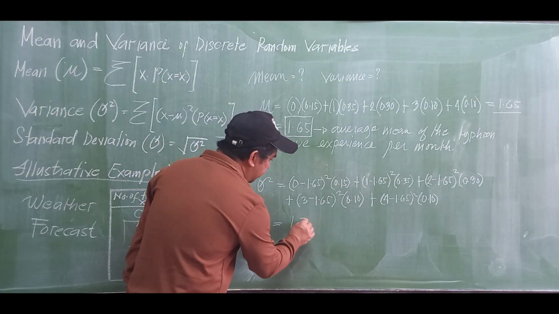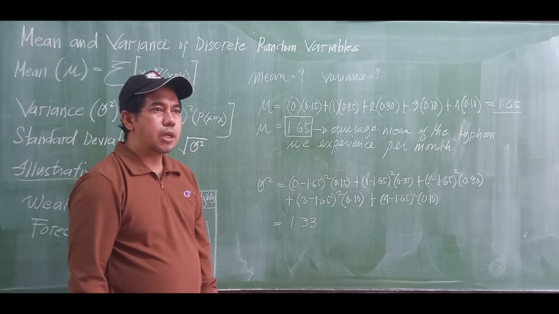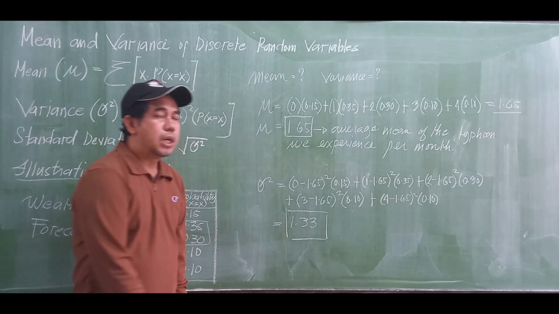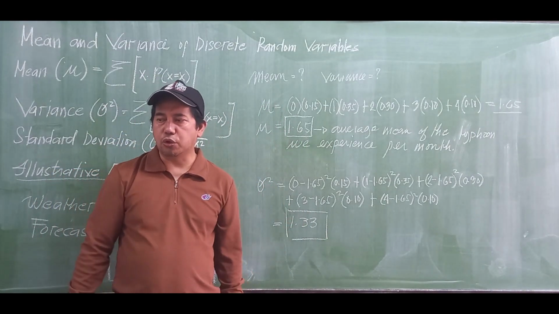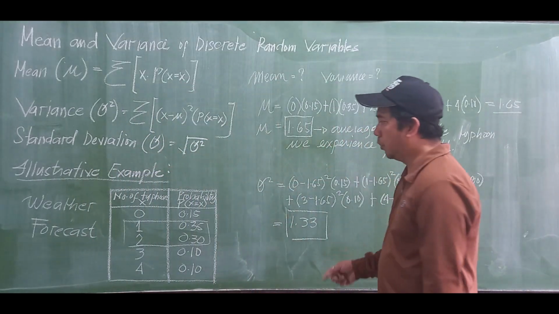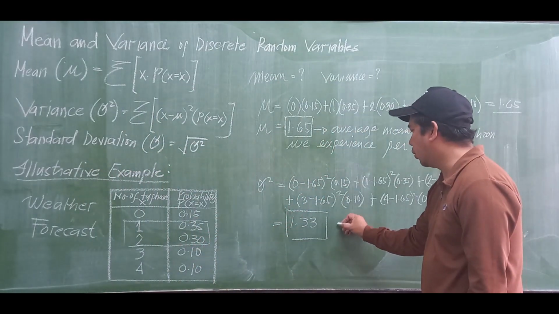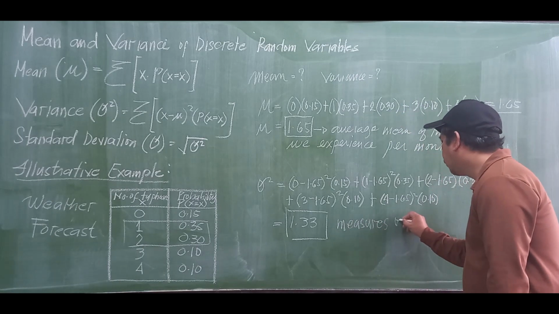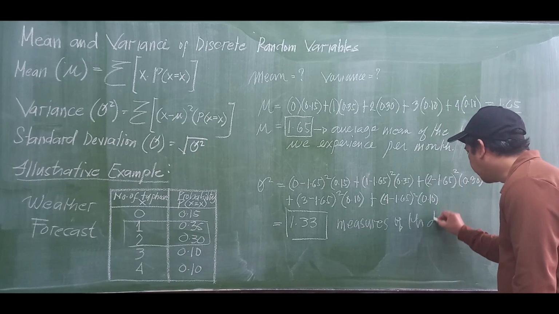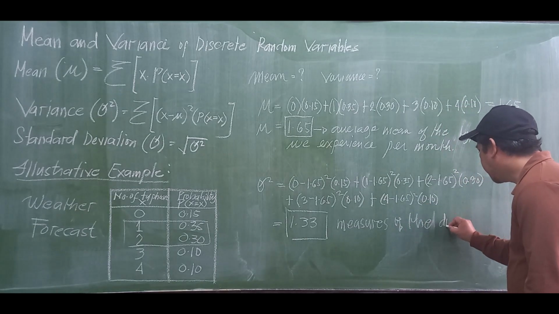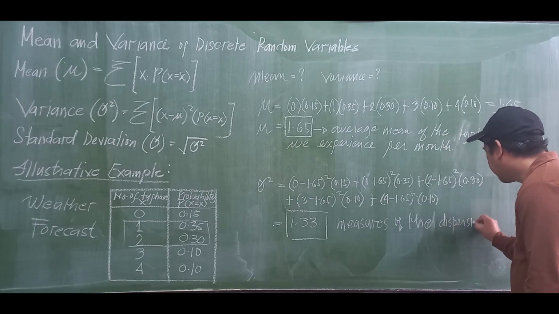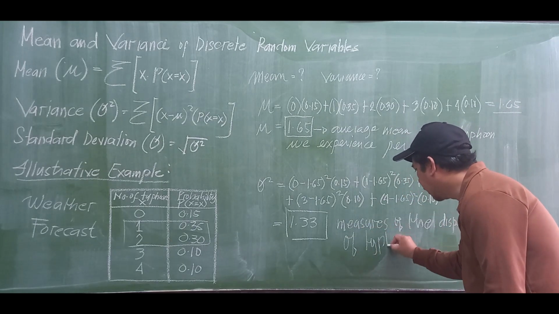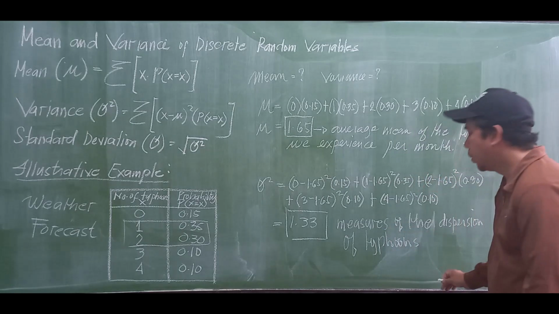1.33. Meaning, when we are talking of the variance, this value is actually the measure of the dispersion of the data, or the typhoons we experience.